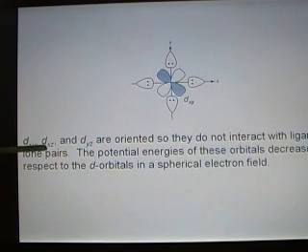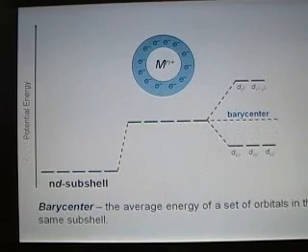So the dxy, dxz, and dyz are oriented so they don't interact with the ligand lone pairs. So the potential energies of these orbitals actually decrease a little bit with respect to the d orbitals in the spherical electron field.